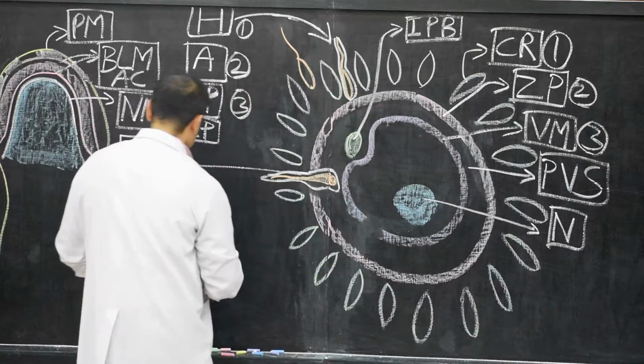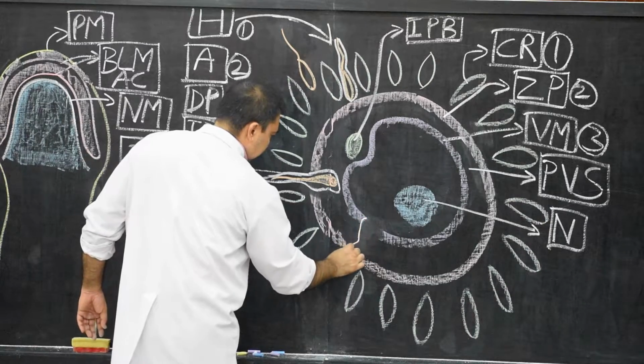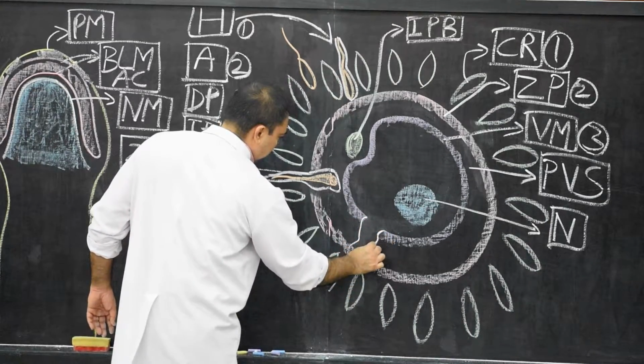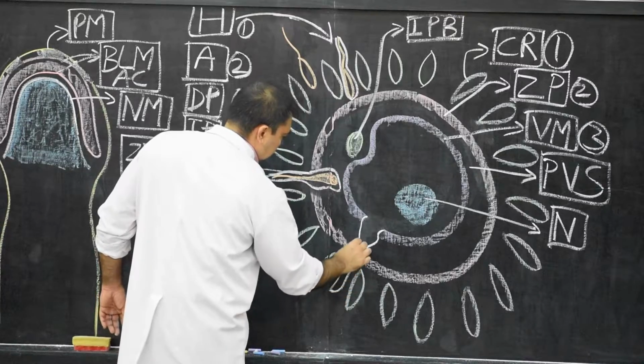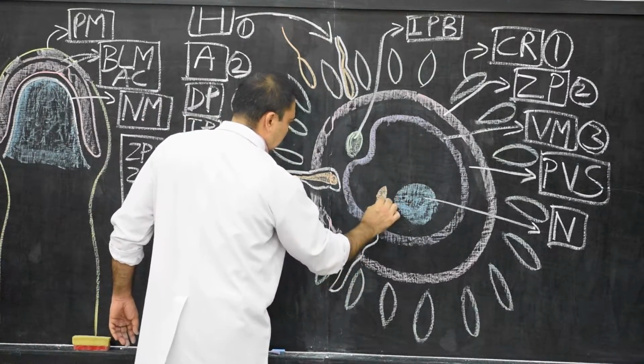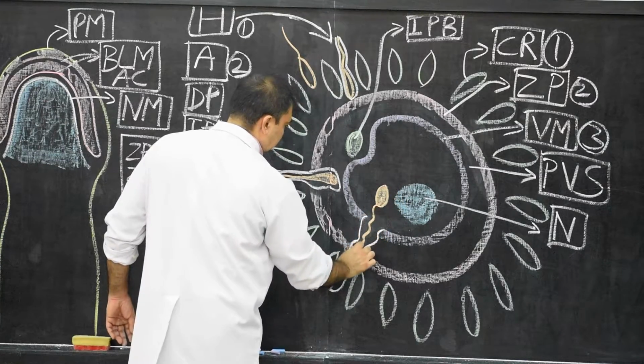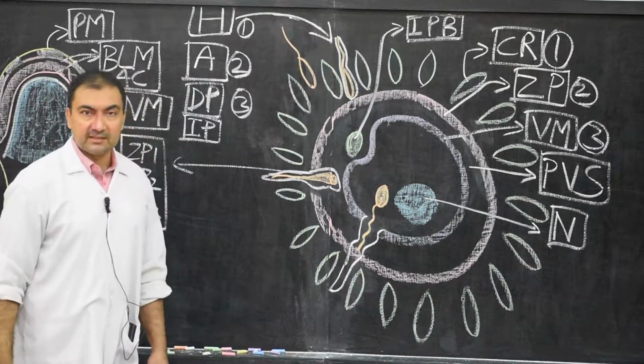Now please look here and try to understand. This is the plasma membrane which I am showing, and this is the head and the entire spermatozoon which is going inside.